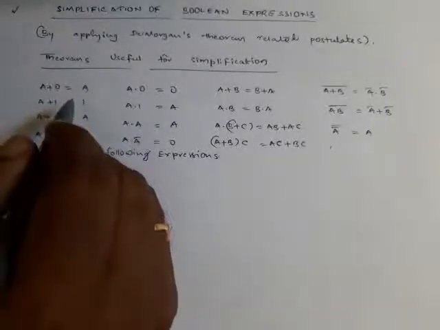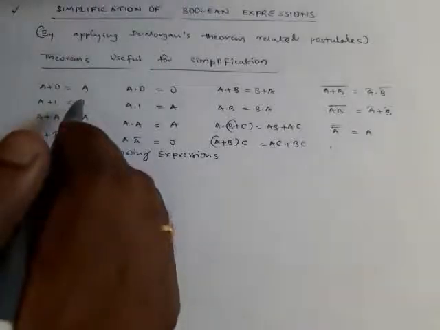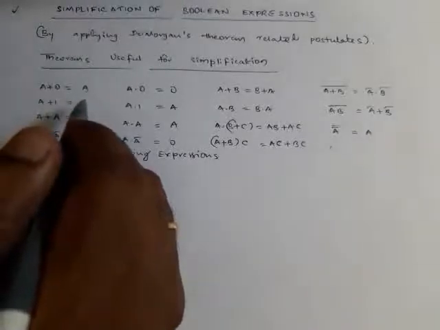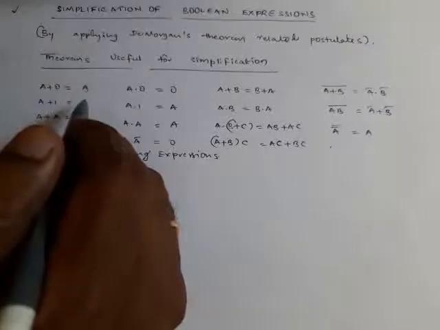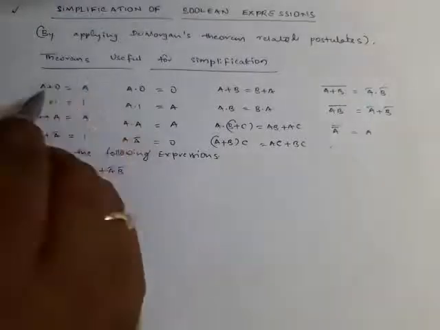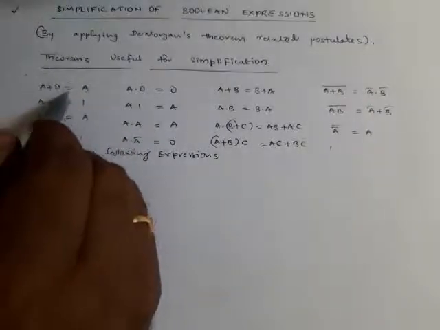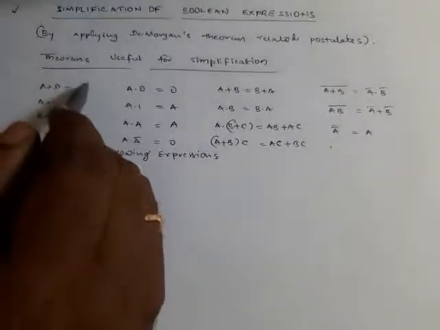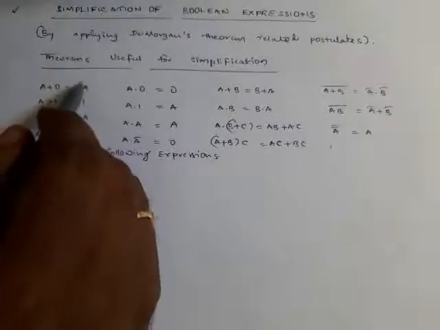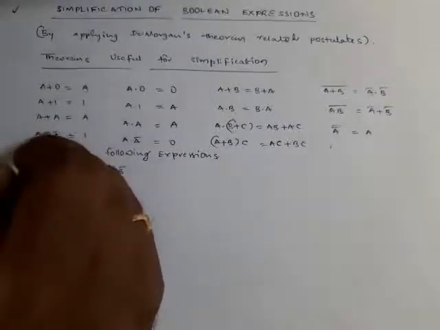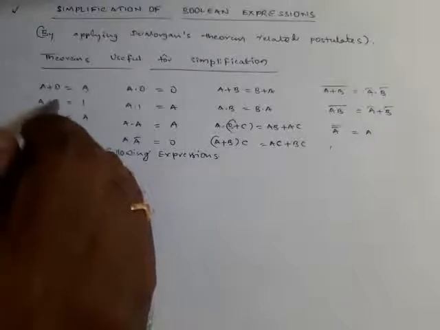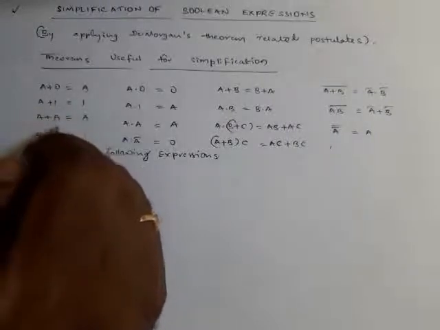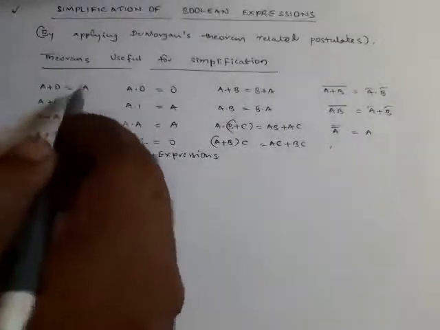Next we'll try to simplify some of the expressions so that we'll be familiar with how to simplify the Boolean expressions. So first thing here is related to the OR operation. So when a particular variable is ORed with different elements, what is the result?